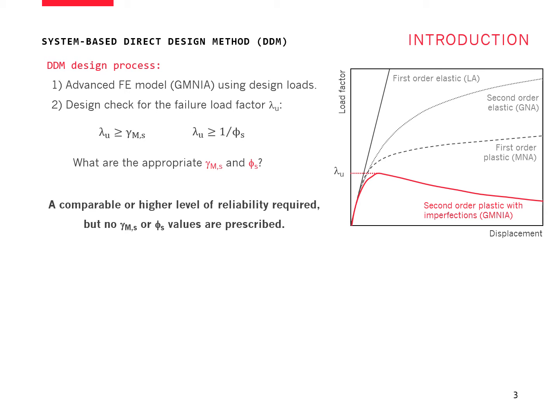The design process with these methods is very simple. We only need to run an advanced analysis using the design loads and to verify if the ultimate load factor meets the design check. The problem here is to get the appropriate system safety or resistance factor.